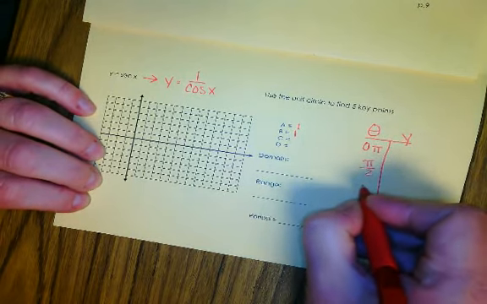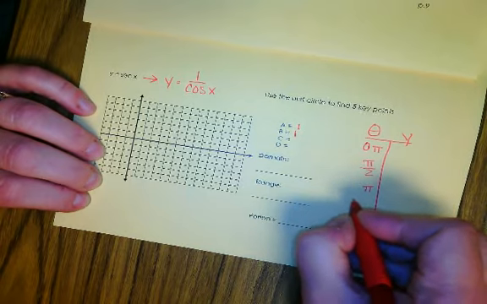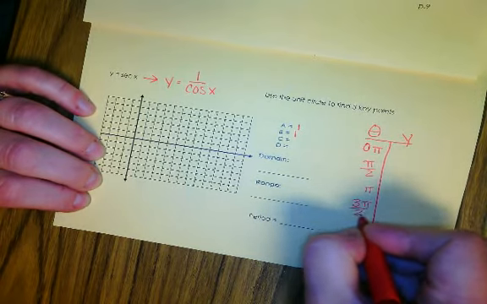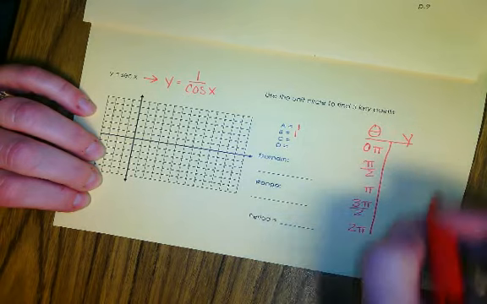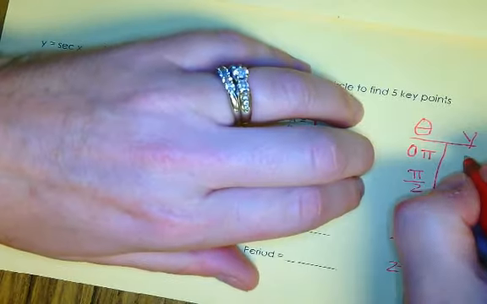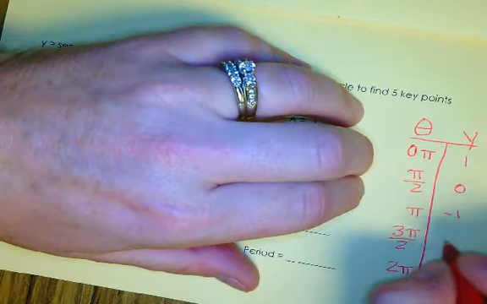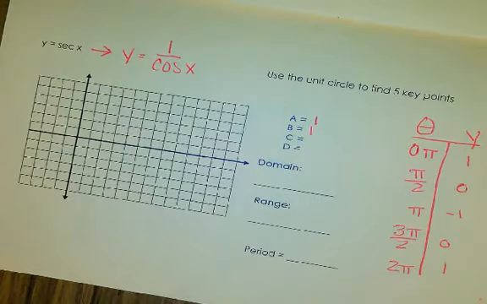So I'm just taking these off of the unit circle. And this is one that kind of looks like a sandwich. So 1, 0, -1, 0, 1.